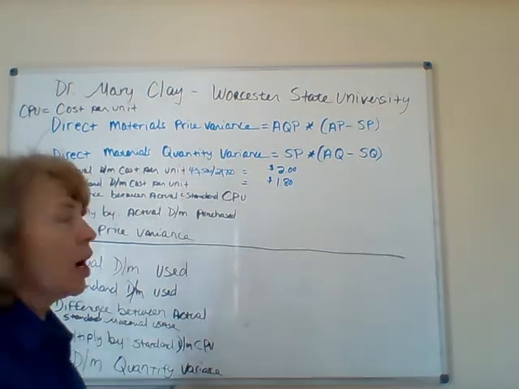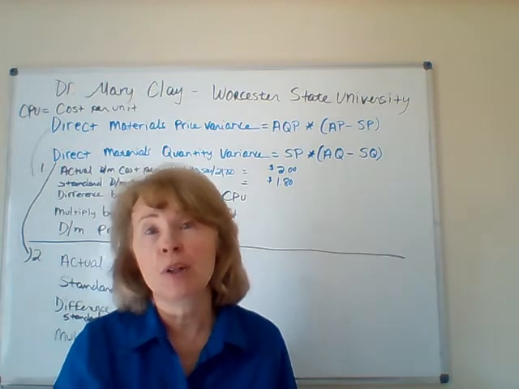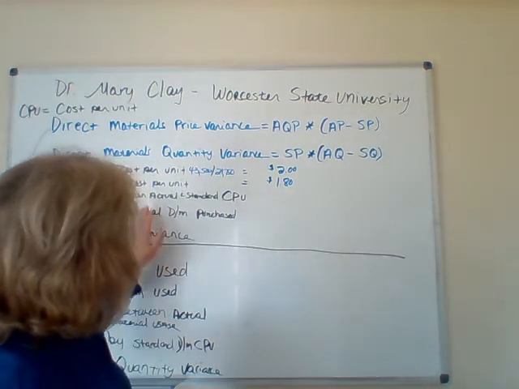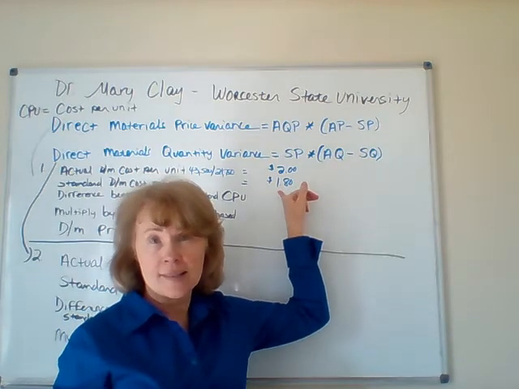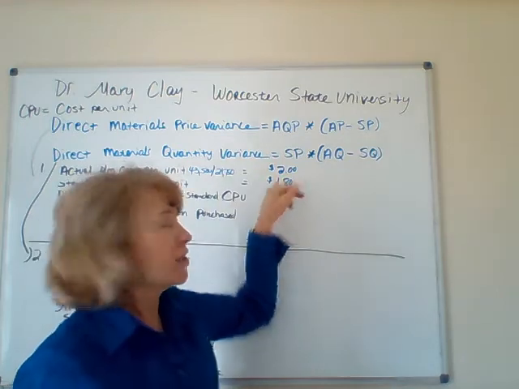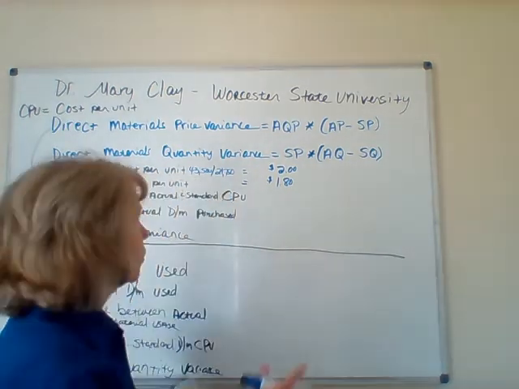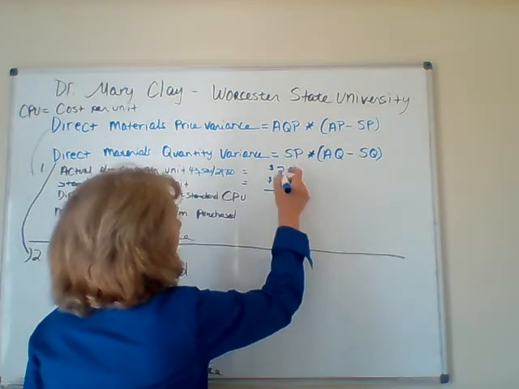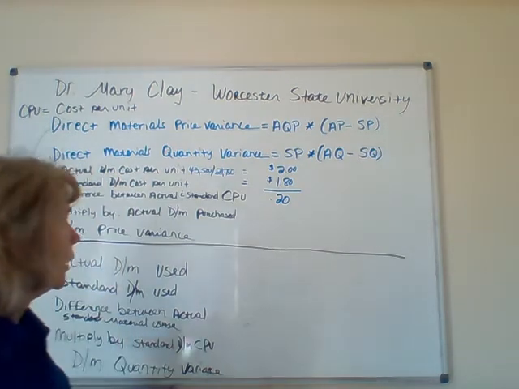Before you even finish, we can analyze whether it's favorable or unfavorable. The standard cost is an estimate, $1.80, but the actual amount is $2. So that's not good, right? Take the difference between the two, and that is 0.20.